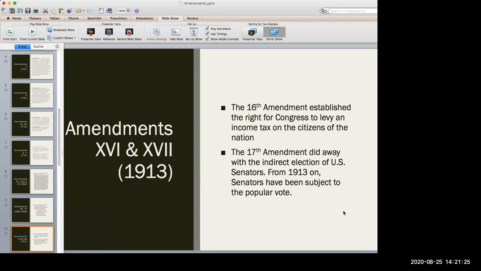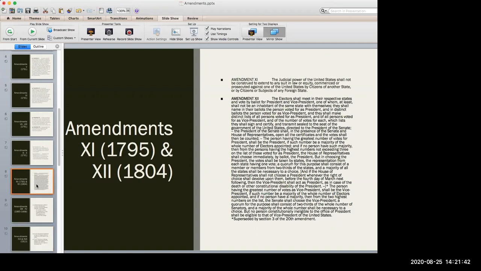The 17th Amendment does away with indirect election of U.S. senators. So I want you to keep that in mind along with the 15th. And while we're at it, I want you to keep in mind the 12th Amendment as well, because that has to do with the election of the president and vice president.